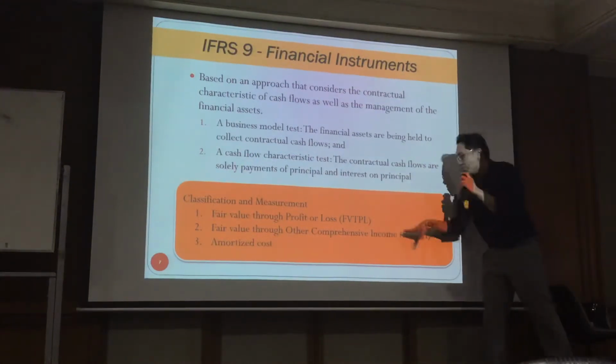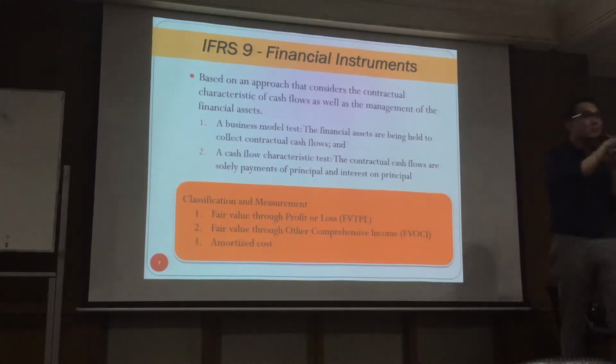FV to PL or FV to OCI. Same thing, don't get confused: you mark to market and put the gain or loss to PL or OCI. That's it for the big concept first, all right?